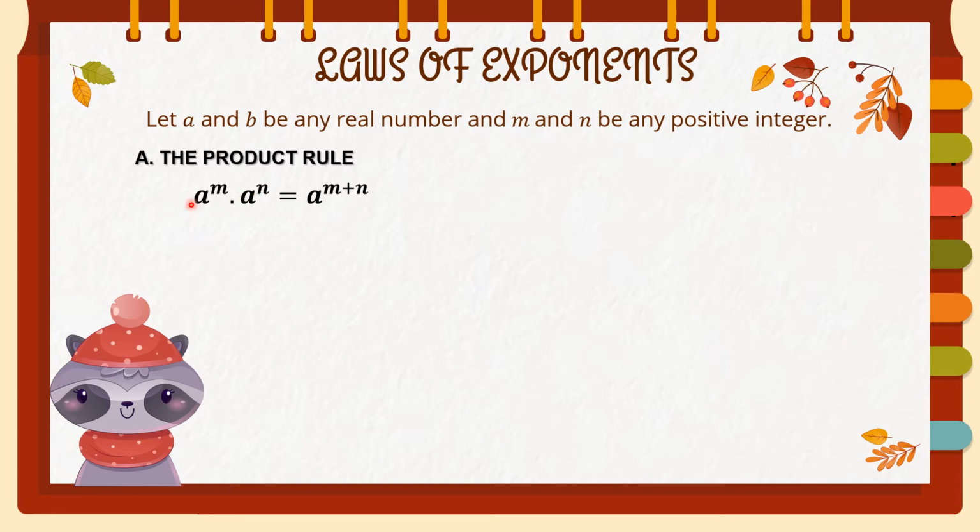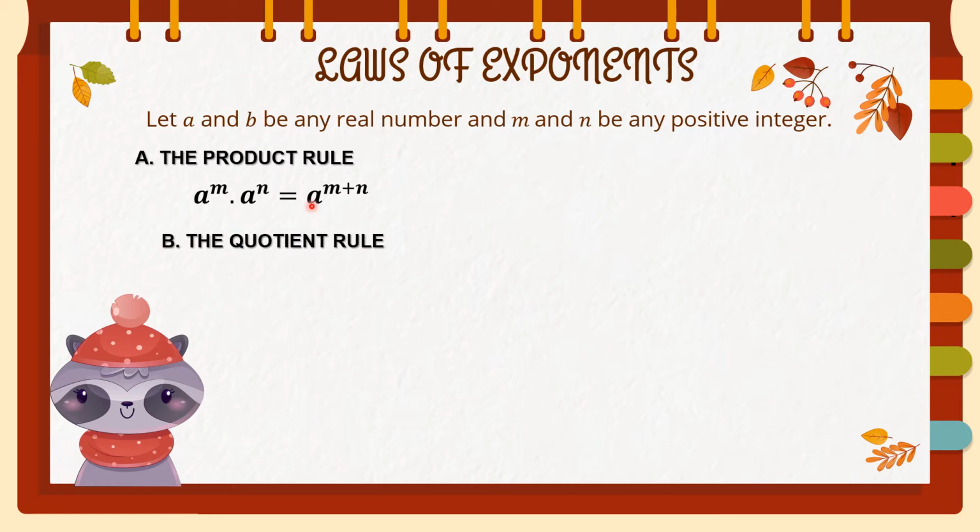For example, A raised to the M power times A raised to the N power is equal to, kopyahin lang po yung base and then i-add po natin ang exponent. Ulitin ko, kapag product rule at parehas ang base, i-add lang po ang exponent.